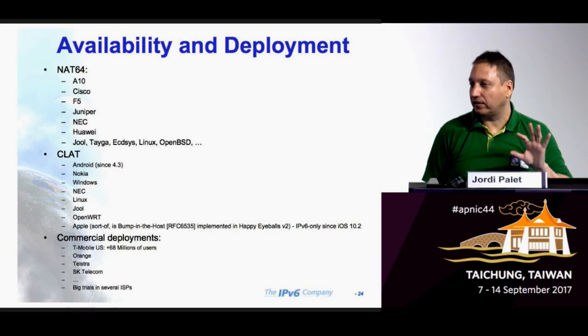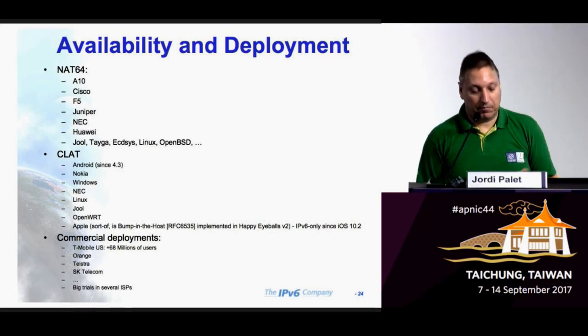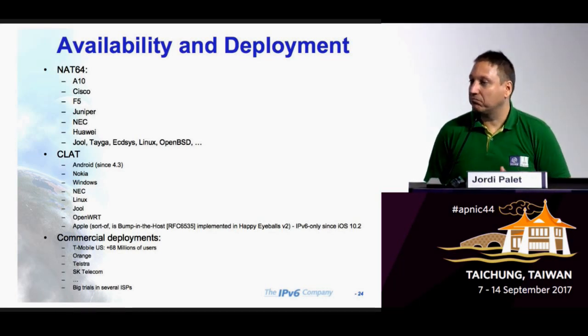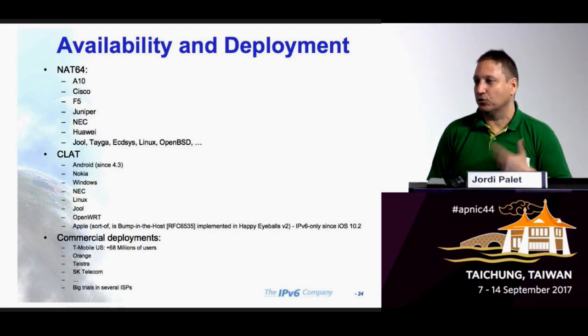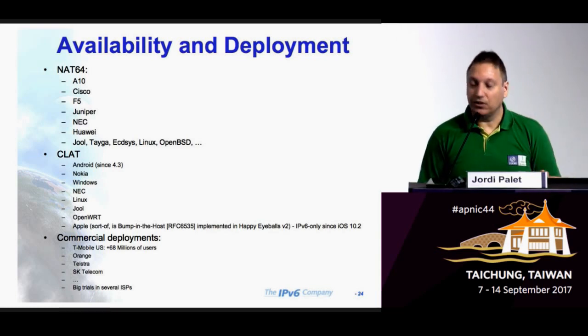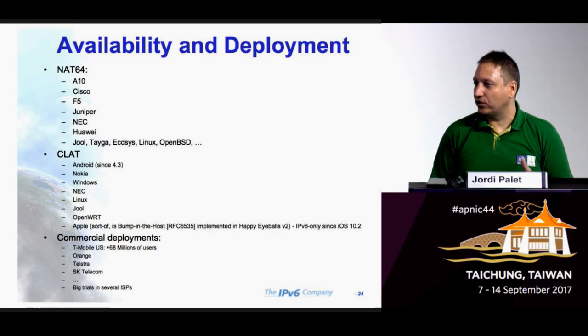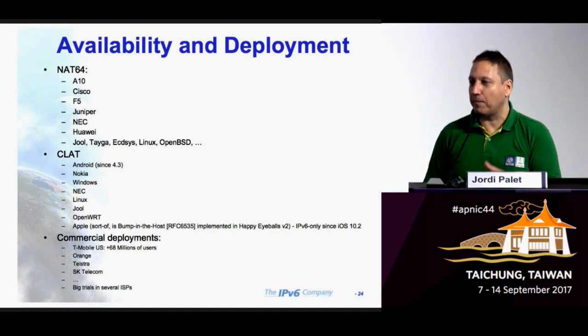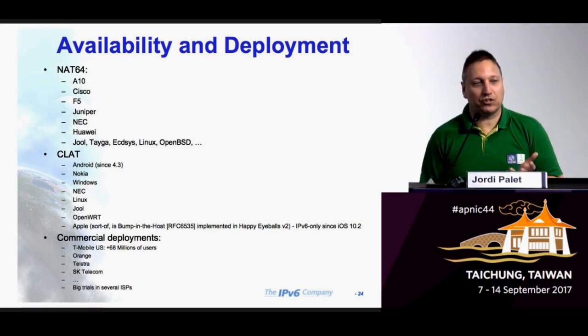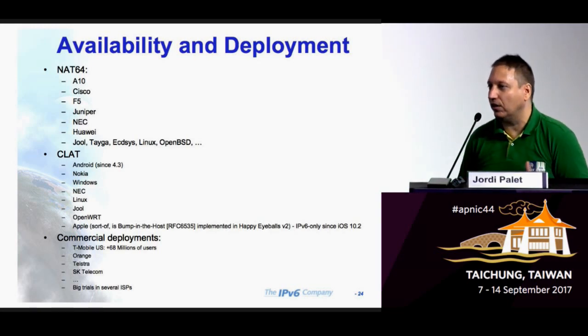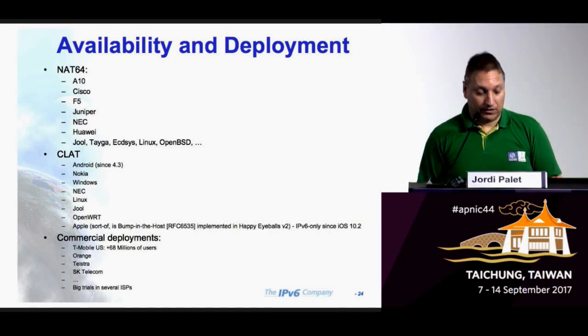That's the one that I like more. Okay, there are others, but my preference in terms of scalability, performance, functionalities, etc., is Jool. Jool is developed by NIC Mexico. Okay, so you just type jool.mx and you find it. It's a very useful thing that performs a lot of functionalities.